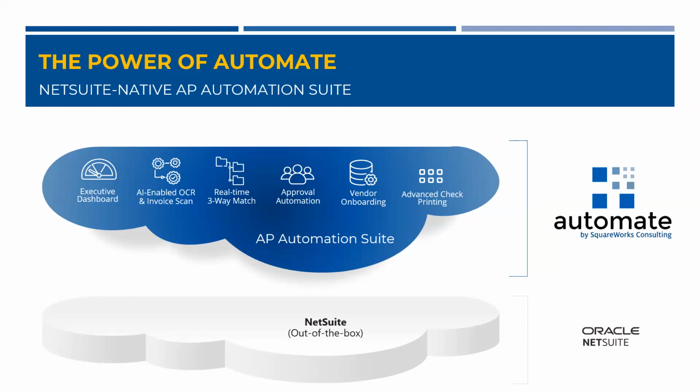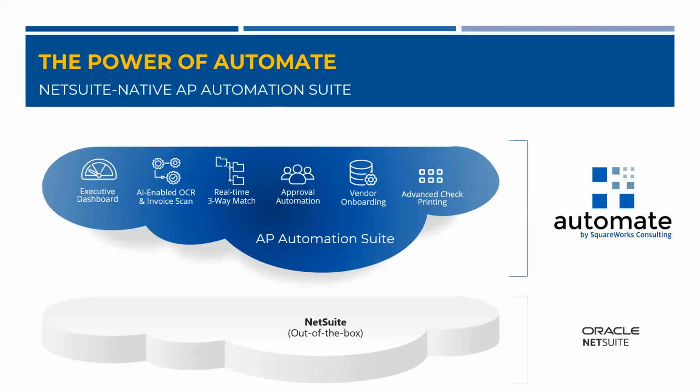And then we do have the capabilities of doing more comprehensive and automated vendor onboarding, where a link is sent out to a vendor, and then they can help submit that information, which would get pulled directly back into your NetSuite environment.